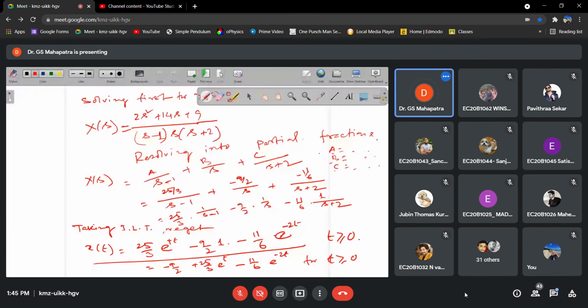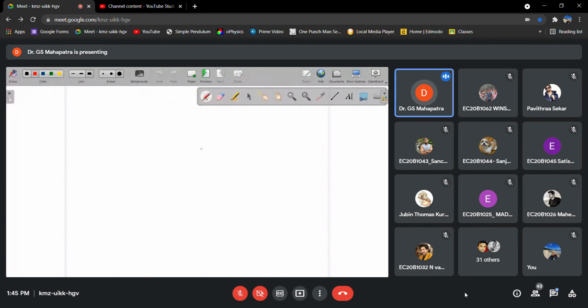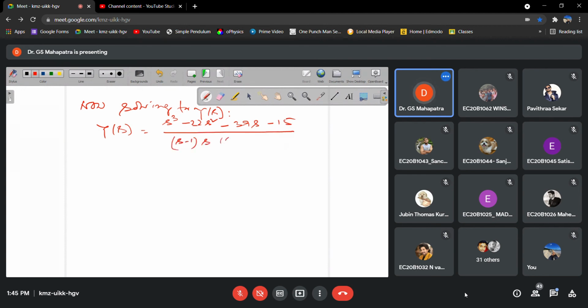Now solving for y of s: y of s is (s cube minus 22s square minus 39s minus 15) divided by (s minus 1)(s plus 1)(s plus 2).